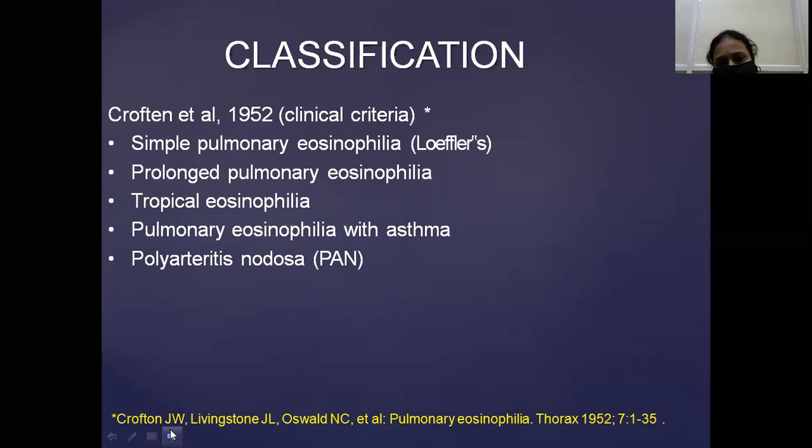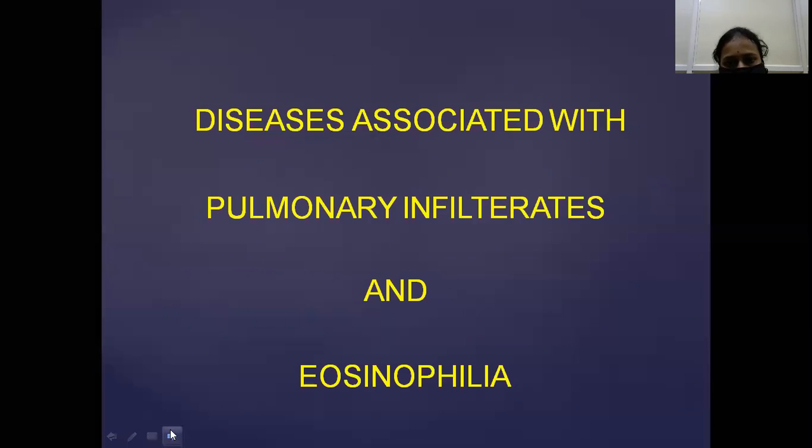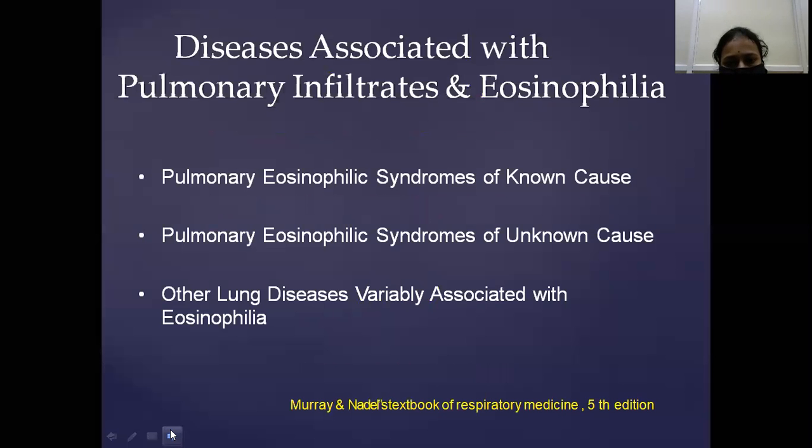In 1952, Crofton classified this as simple pulmonary eosinophilia, prolonged pulmonary eosinophilia, tropical eosinophilia, pulmonary eosinophilia with asthma, and polyarteritis nodosa. But later on, it was reclassified in a simple way into pulmonary eosinophilic syndromes of known cause, pulmonary eosinophilic syndromes of unknown cause, and other lung diseases variably associated with eosinophilia.